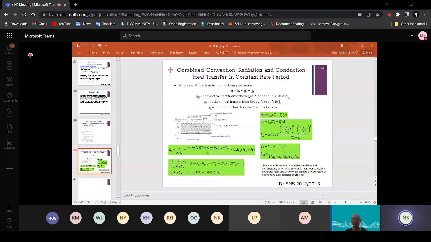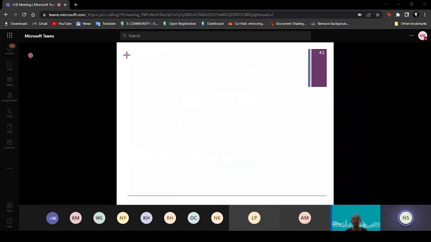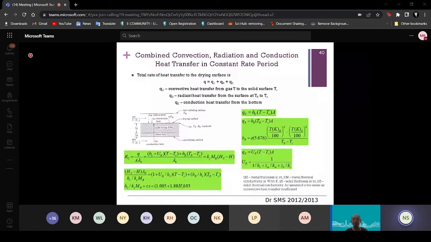Now we move on to, okay, just now we only looked at convection. So once you understand the concept of convection, now it's very easy to introduce radiation and conduction. So how do we have radiation and conduction?